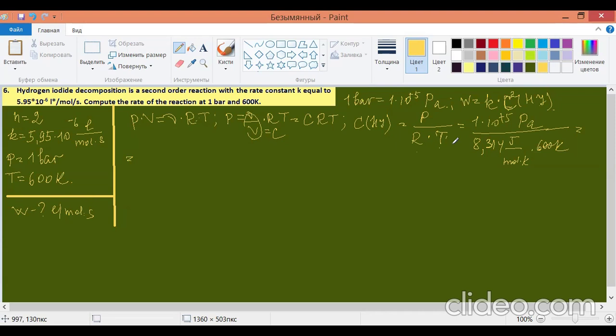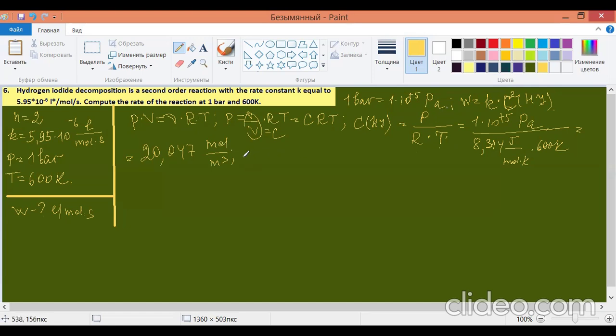Yeah, it's 20.047 moles per cubic meter. Okay, meter cubed. Yeah, but we should prove it.